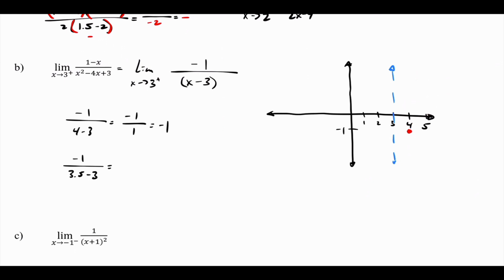This one, luckily, the math isn't that hard. -1 over 0.5. What is -1 divided by 0.5? So in other words, -1 divided by 1/2. -1 times the reciprocal, so it'd be -2.